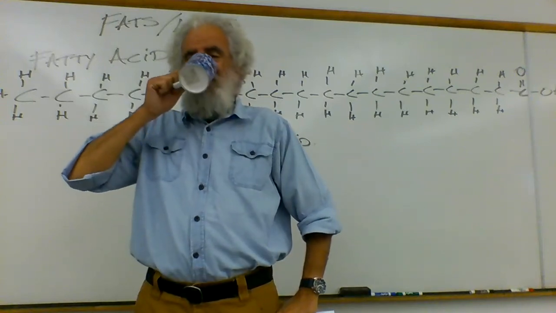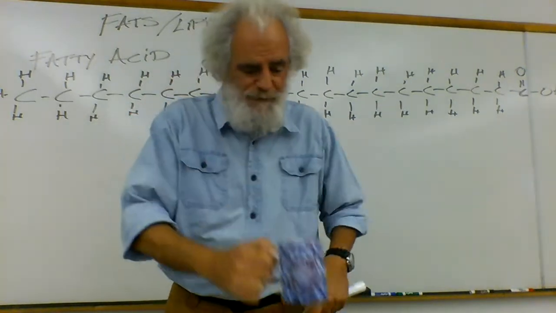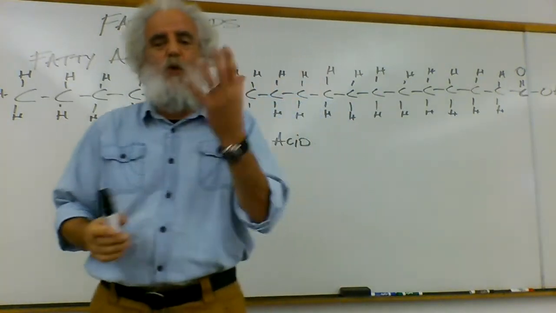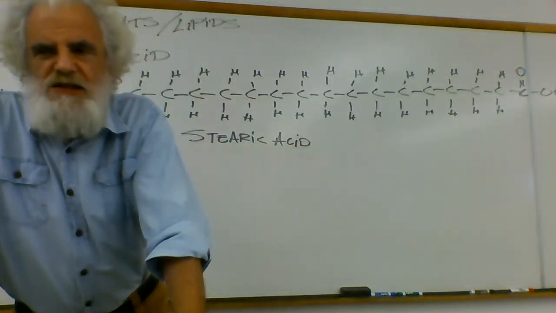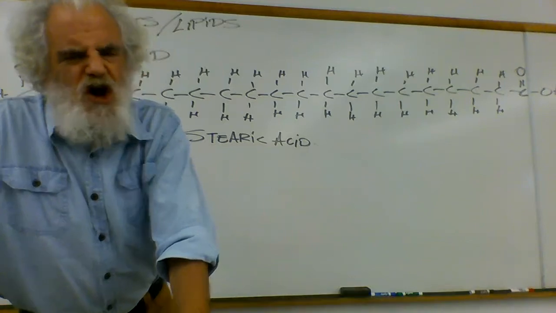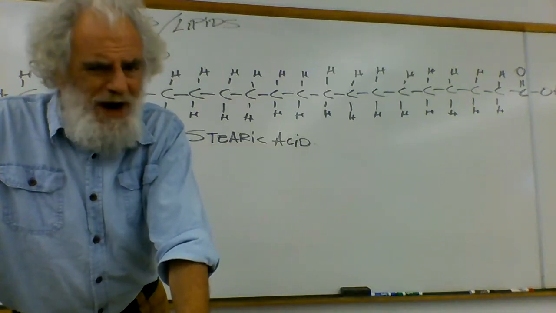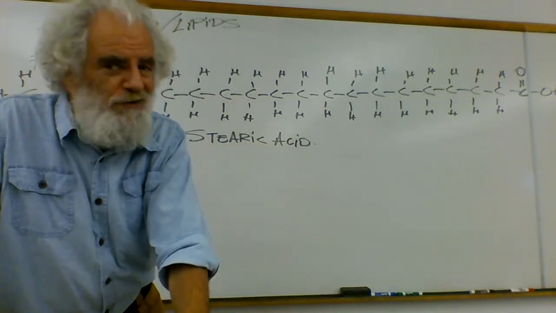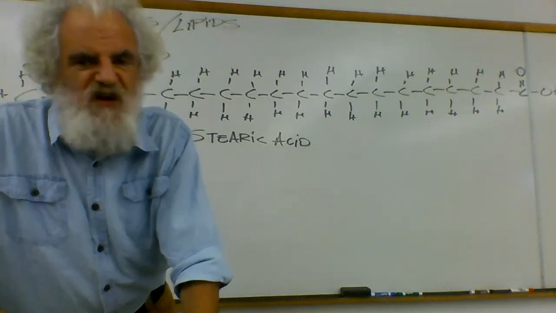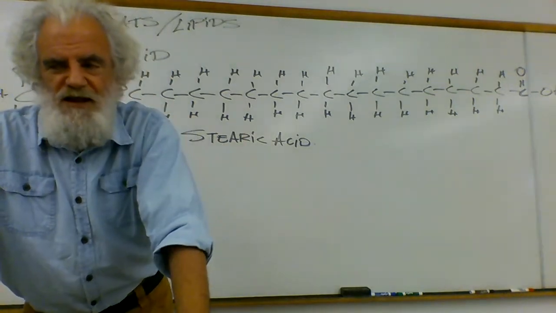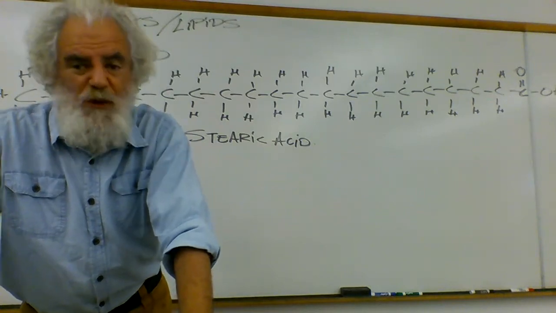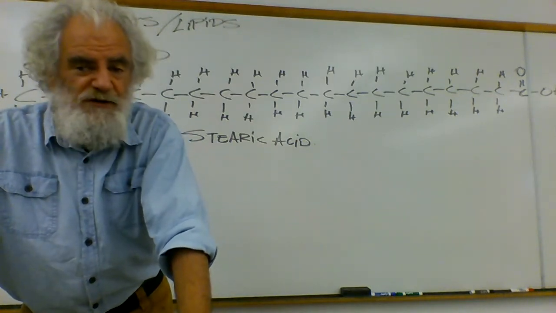Now, stearic acid, it's a wax. And it softens at body temperature. It probably melts around 115, 120 degrees, so you could melt it and it wouldn't be all that hot. Candle wax melts at a higher temperature.